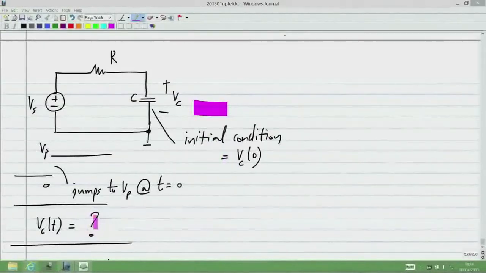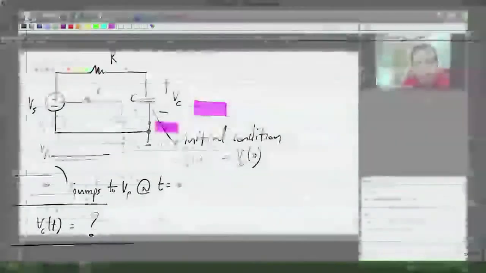So what is the expression for Vc of t? Please try to answer this one.